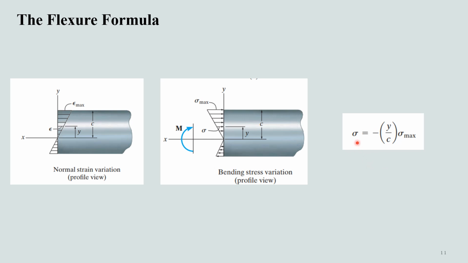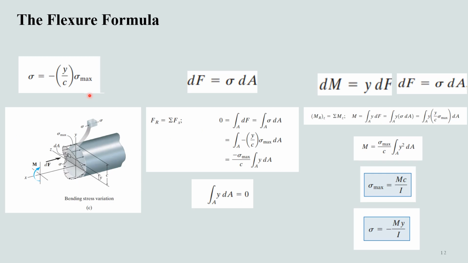So, stress at any particular location above the neutral axis can be determined using this relation between maximum stress and the distance from the neutral axis. This equation is basically describing the stress distribution over the cross-sectional area.